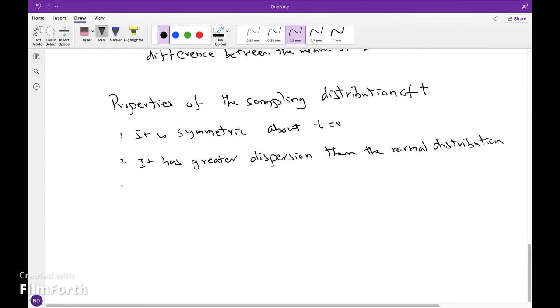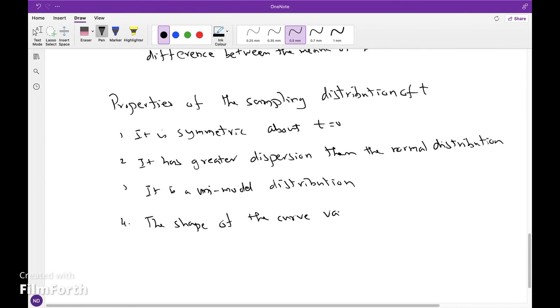Third, it is a unimodal distribution. Fourth, the shape of the curve varies as the number of degrees of freedom varies.